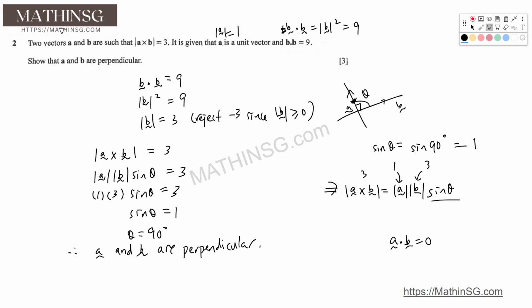This type of question, like question 2, tests your knowledge of dot product and cross product, and usually you need to make use of the formulas to solve them. So for this question here, we have a cross product, so very likely we need to make use of the cross product formula, use it and solve for what they ask for.